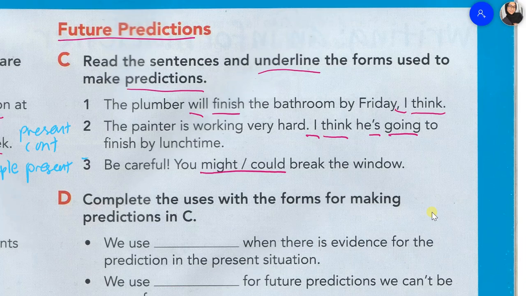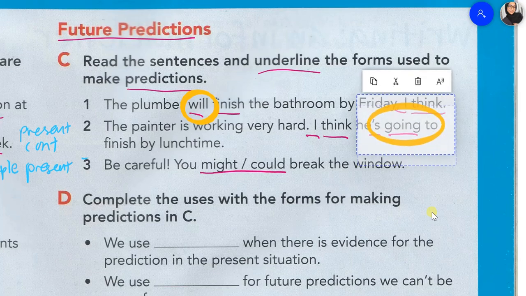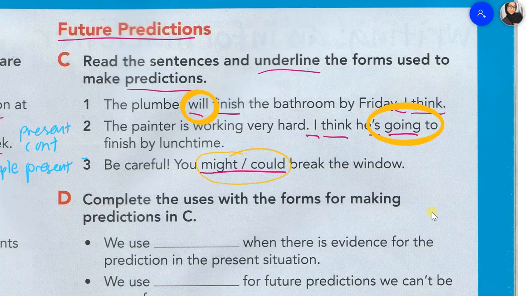So for the first one, the phrase is will. I think I'm going to use a different colored pen lah. Will. The second phrase is going to, be verb plus going to. The third one is might or could.